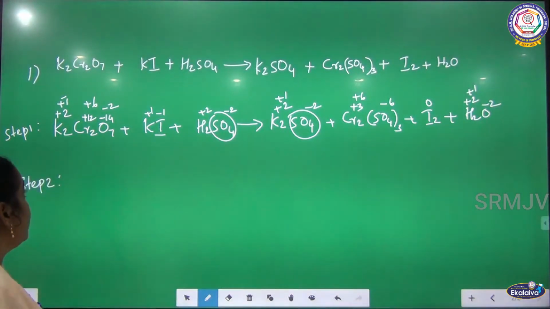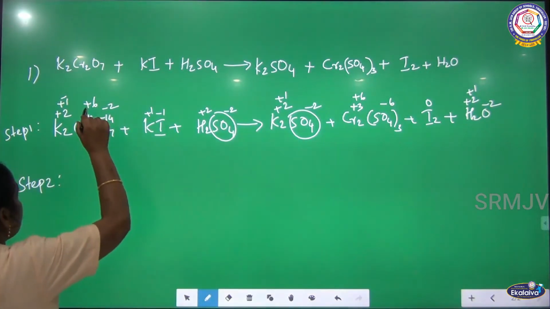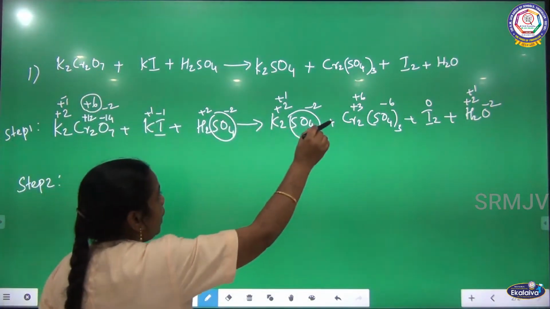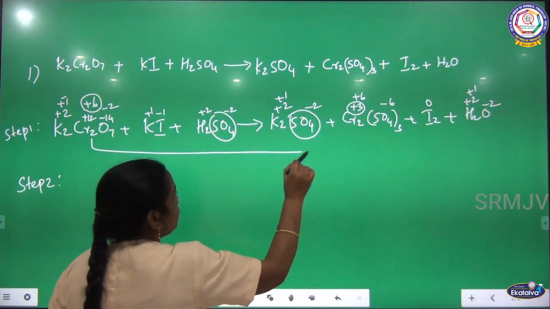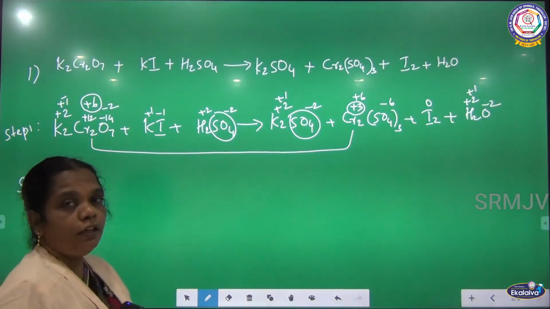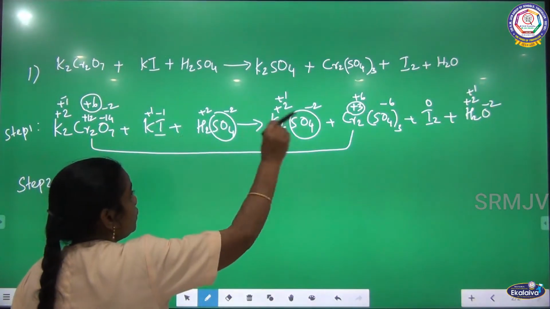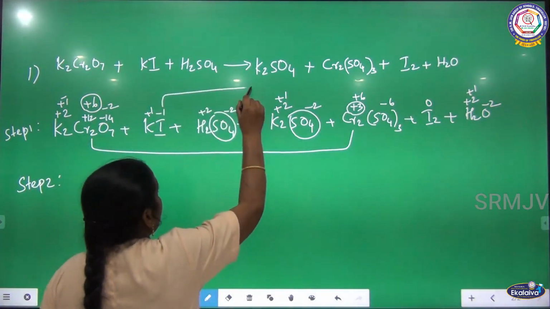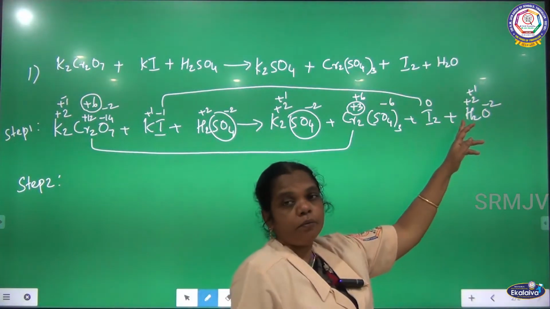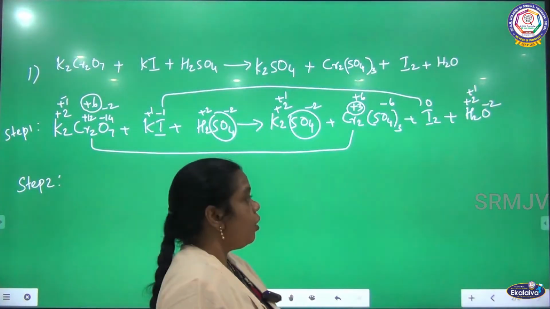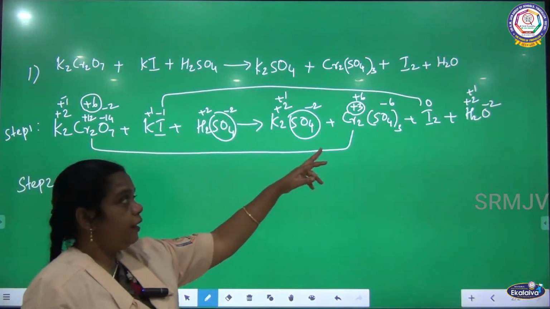Then chromium goes from +6 to +3, so there is a change in oxidation for chromium. Iodine goes from -1 to 0, so there is a change here also. Hydrogen +1 and oxygen -2 have no change. Only chromium and iodine change.